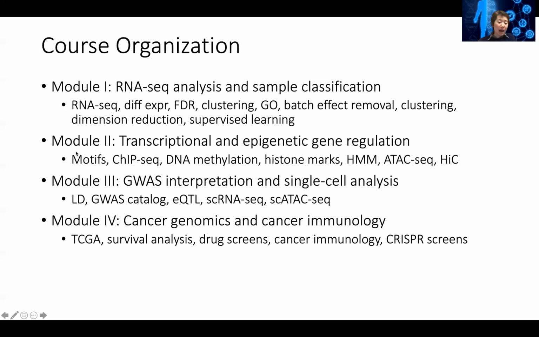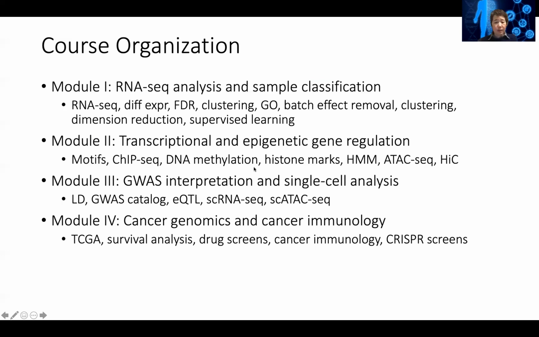So here we cover transcription factor motif finding, ChIP-seq, DNA methylation, histone modification, how to use hidden Markov models to annotate genome segments, and chromatin accessibility and higher order chromatin interaction, and how to use these types of data to understand gene regulation.